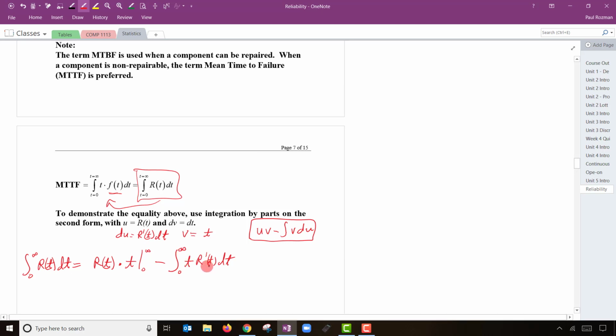We'll have to do a little trick here. Remember, there's a relationship here. F of t is 1 minus r of t. The failure probability is 1 minus the reliability. If we take the derivative of both sides of this thing, you get negative r prime t.